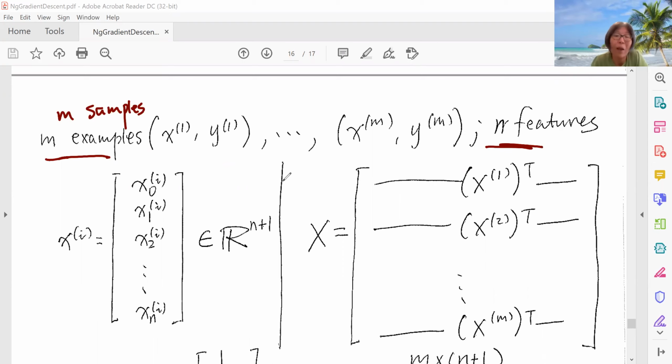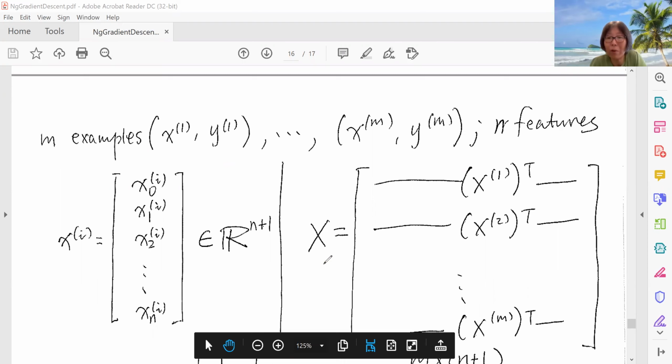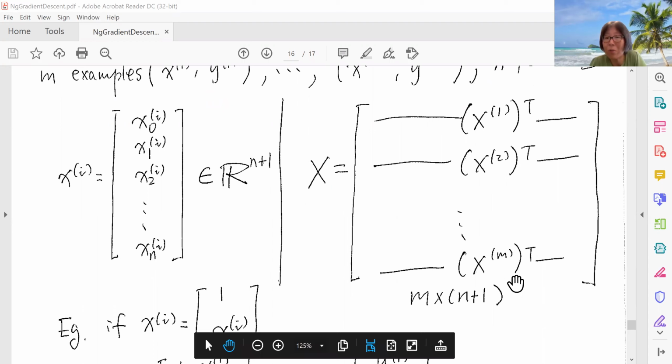The expression that we solve, based on the previous one, is a huge matrix. Each individual sample can be expressed like this, and regarding all of the samples, it becomes a huge matrix.